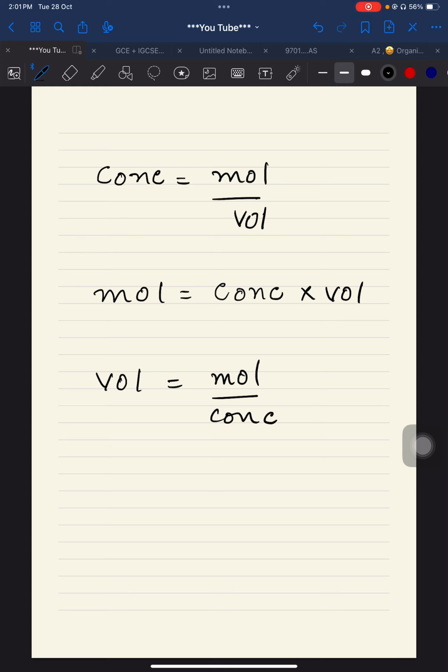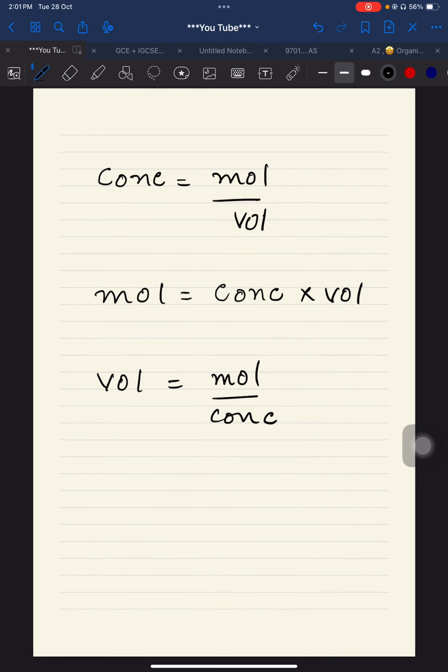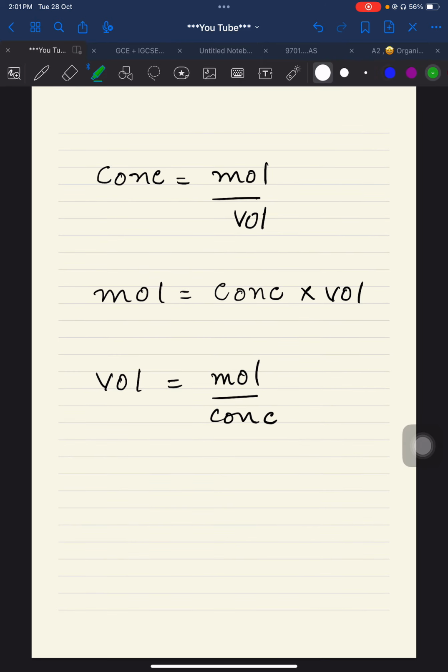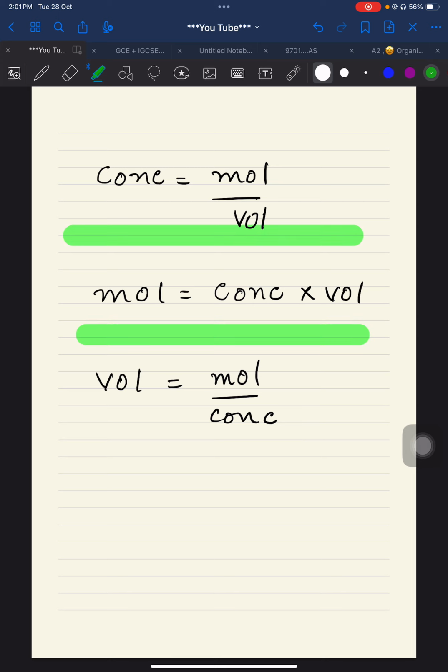So we can just rearrange the formula, and by rearranging it, one can find out the variable we need, from one way or the other. This is one of the key points that you should know: these formulas should be in your mind to calculate the moles and do the calculations, specifically related to liquids.